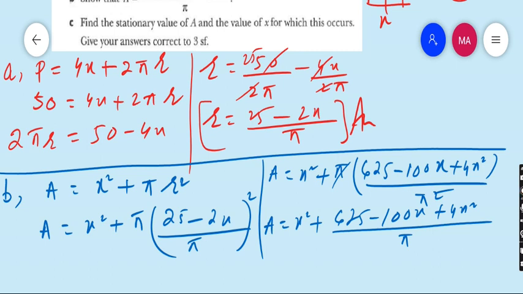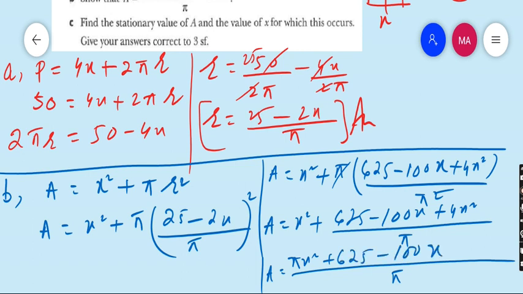Take the LCM of π. π into x² is πx² plus, π cancels by π, 625 minus 100x plus 4x².